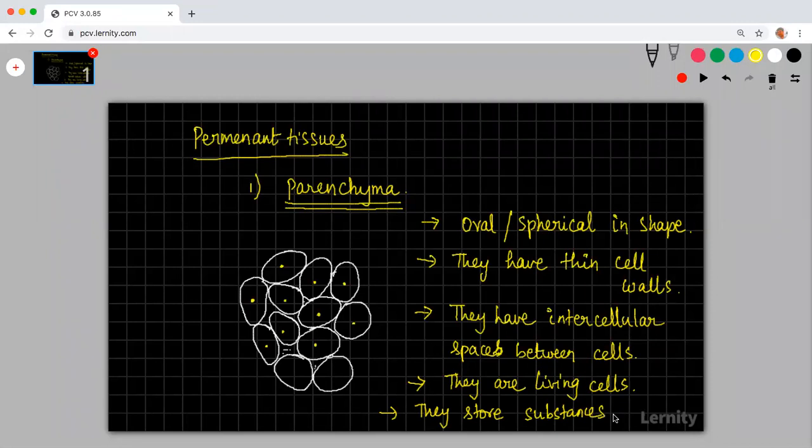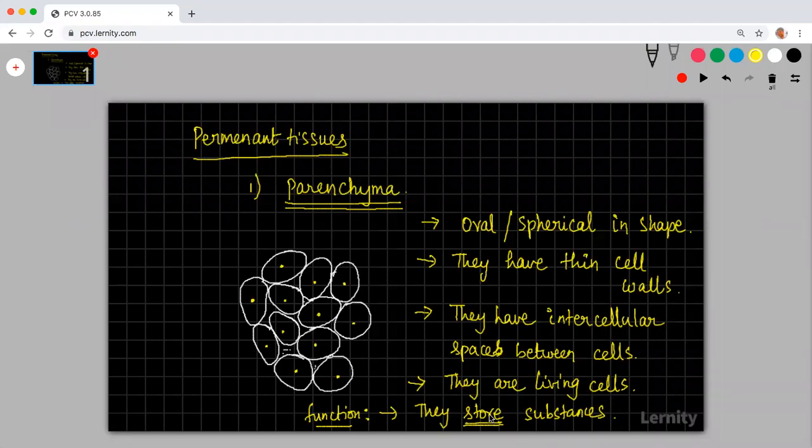So in a plant, parenchymatic tissue is considered to be living cells, and they will also store substances. The main function of parenchyma is what? The parenchyma will store. Store means they will reserve things.